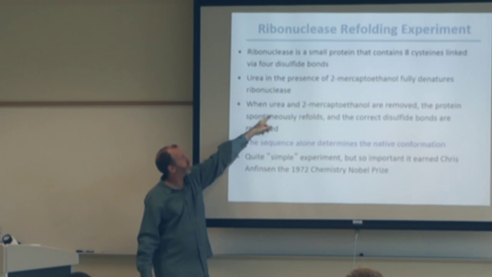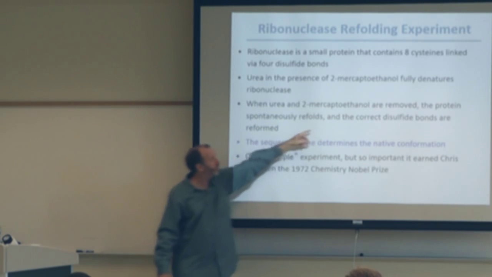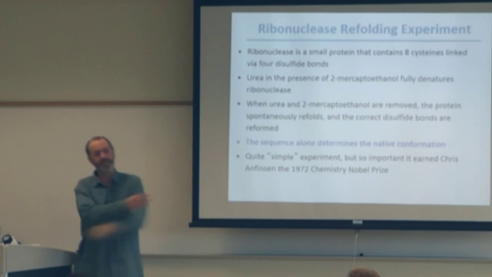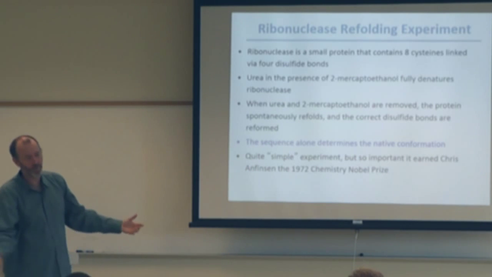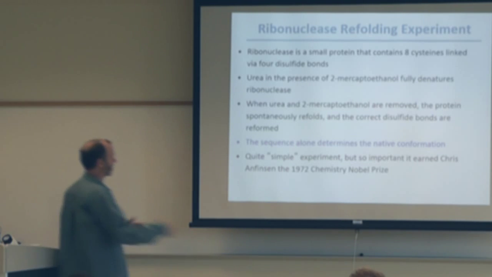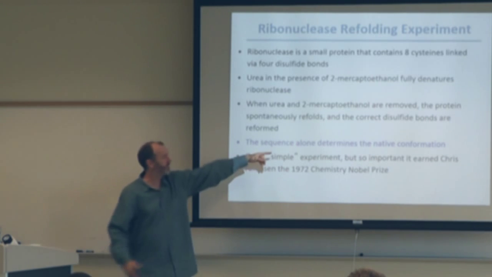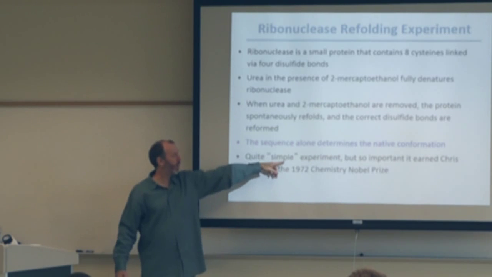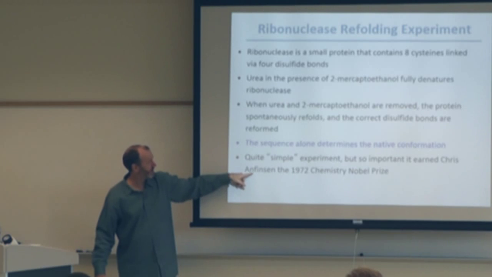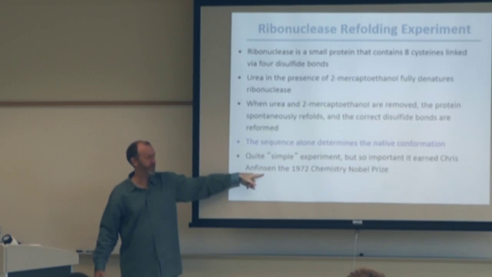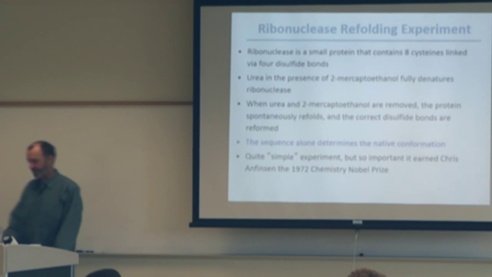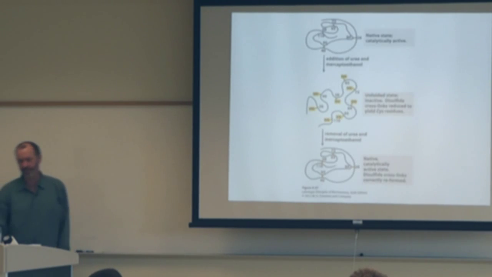Then, when the 2-mercaptoethanol and the urea are removed, this ribonuclease A will spontaneously refold and reform those disulfide bonds in the correct locations, and then have a completely functional native conformation. So it's quite a simple experiment. It was also important and earned Christian Anfinsen his chemistry Nobel Prize in 1972.